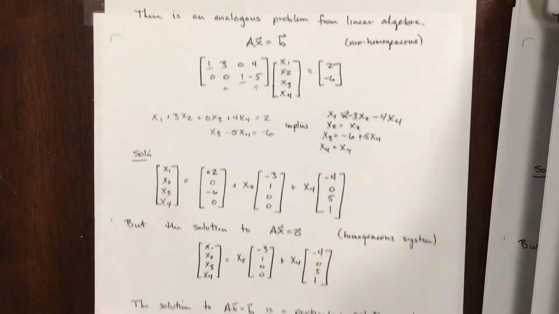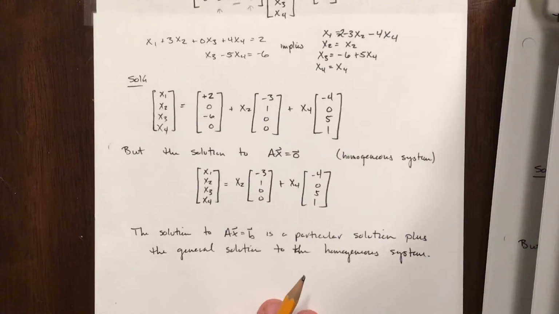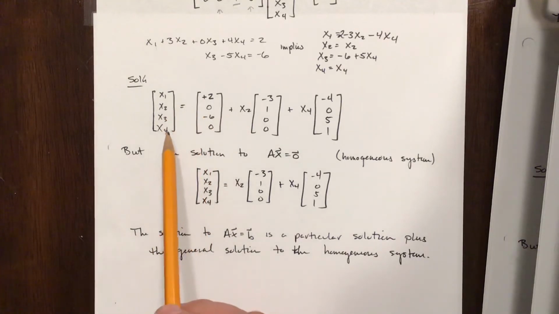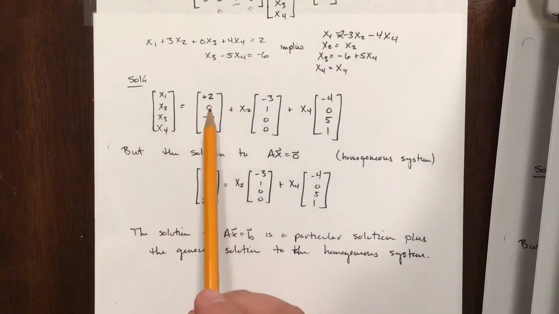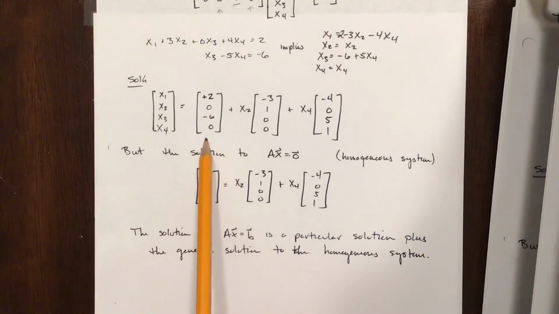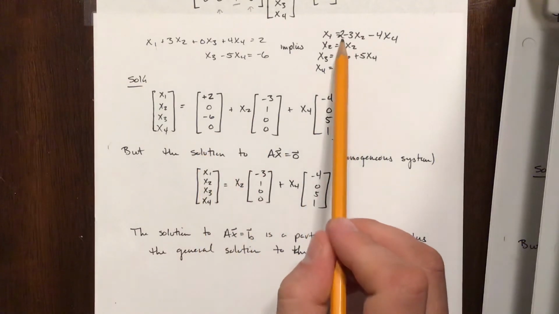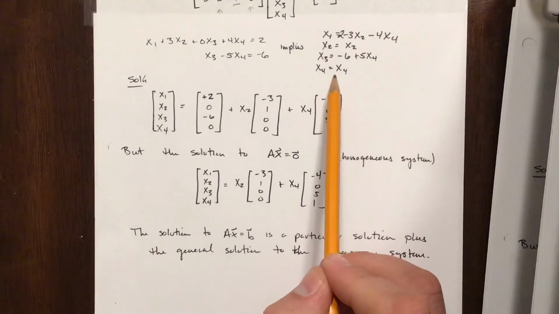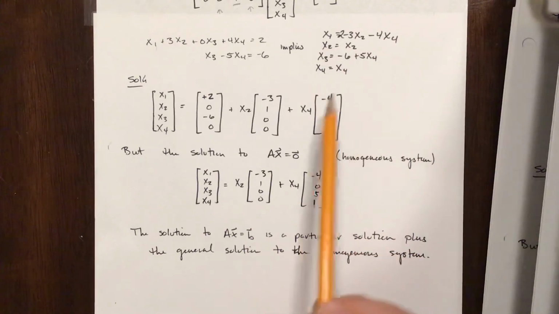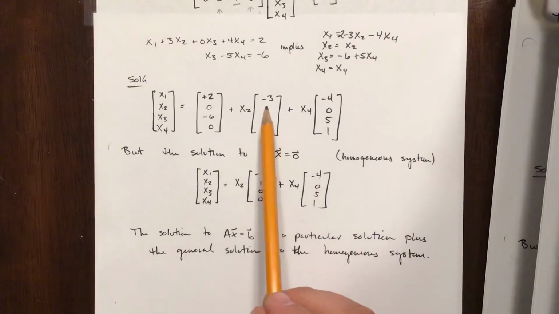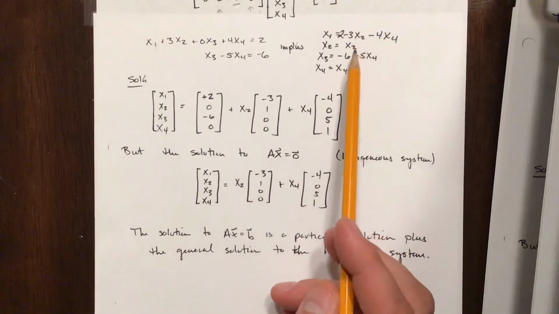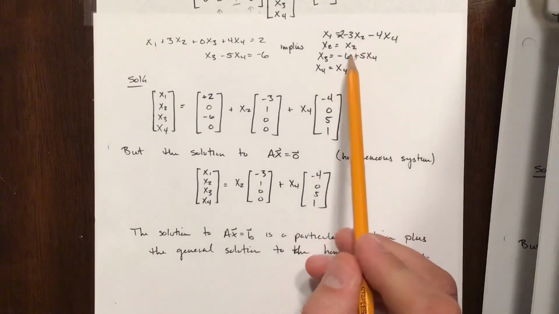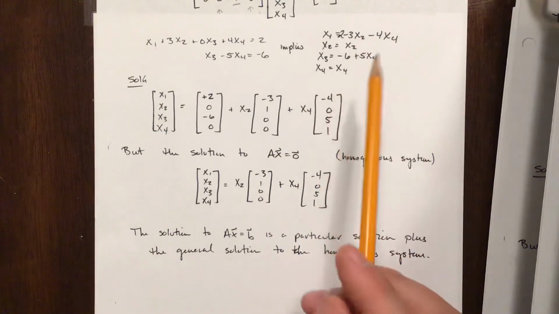And if we look at rewriting the solution, we have x1, x2, x3, x4 is 2, 0, negative 6, 0. So what I'm doing is I'm picking up all of the parts that are not multiplied by x2 or x4. Add that to x2 times negative 3, 1, 0, 0, and those are all the coefficients that are multiplied by x2.